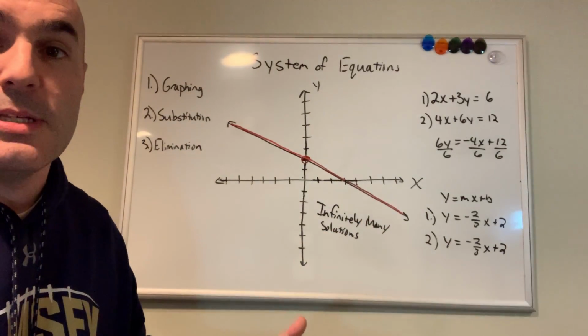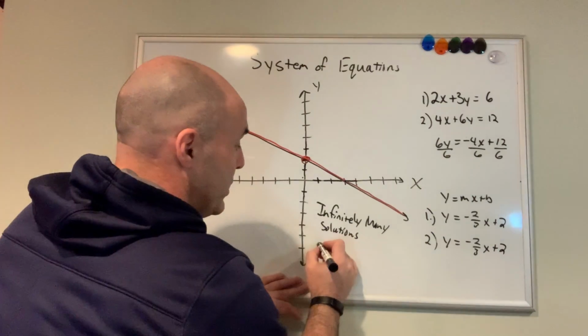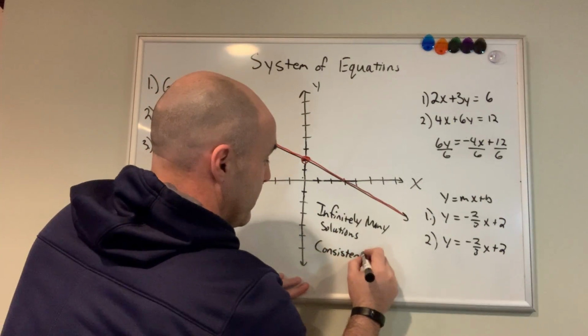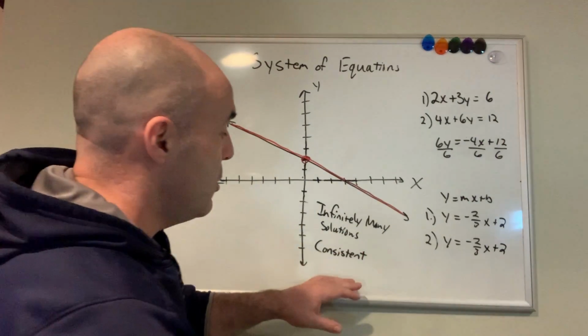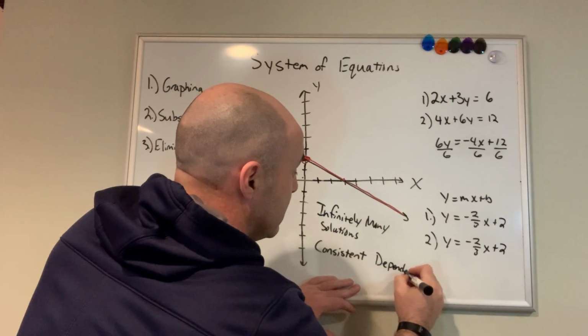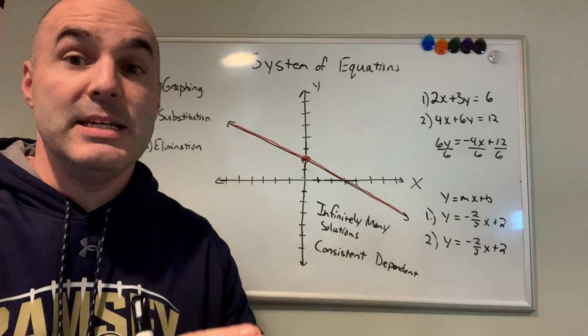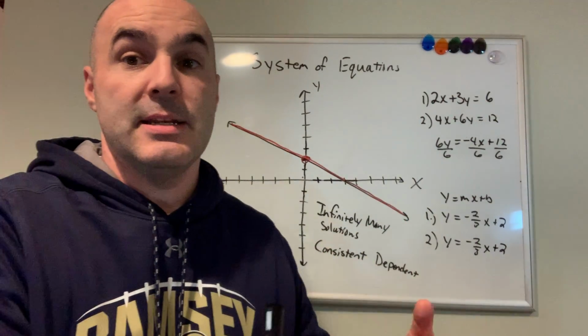Now, since there are solutions in common, we call it consistent. But since all of the points are in common, we say consistent dependent. So one point in common, it's consistent independent. An infinite number of points in common, it's consistent dependent.